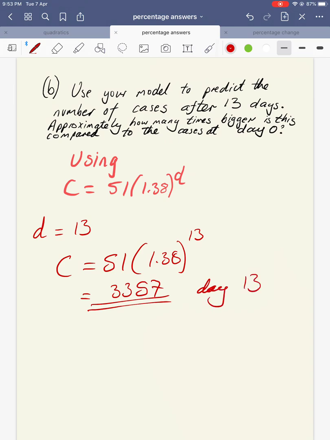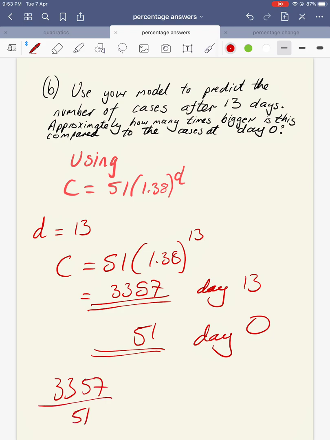So that's only 13 days after we started recording at day 0. And on day 0 we had 51 cases. So if we do 3,357 divided by 51, that's approximately 66 times as many cases.